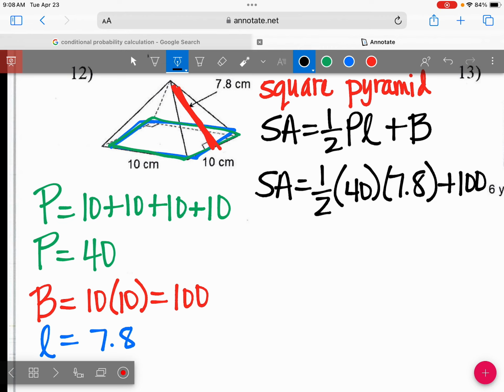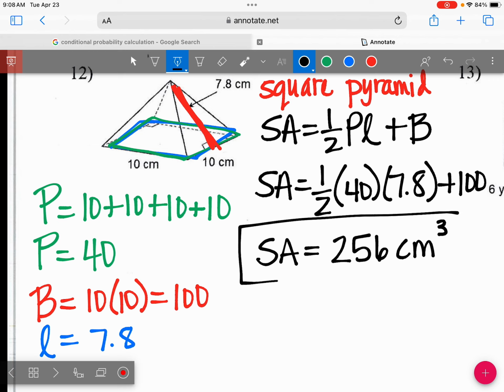And you get that the surface area is 256 centimeters cubed. All right, raise your hand if you got that answer also. Anyone else get that? Any questions about how we found the surface area?